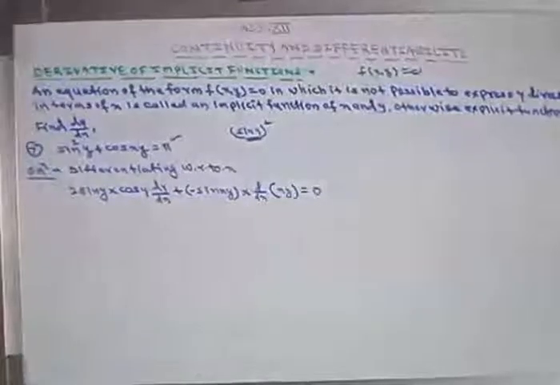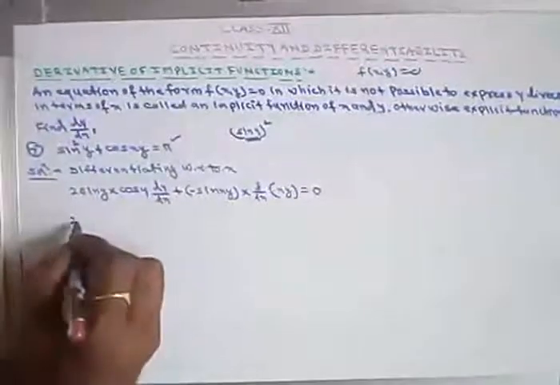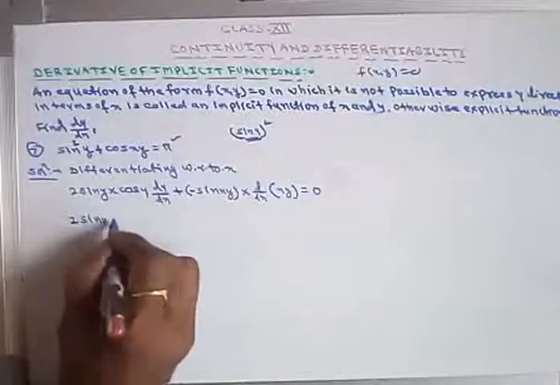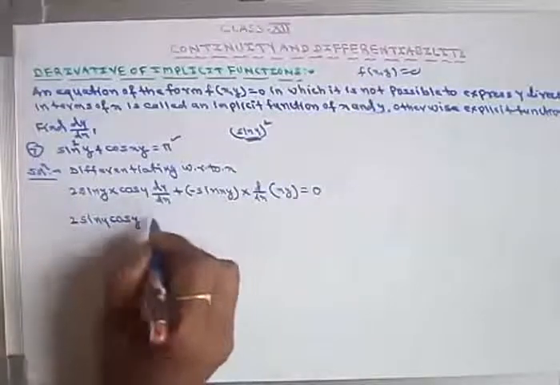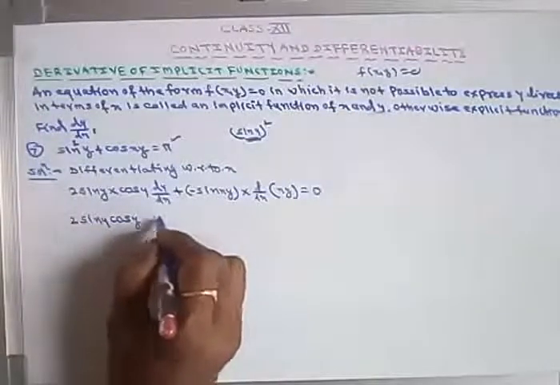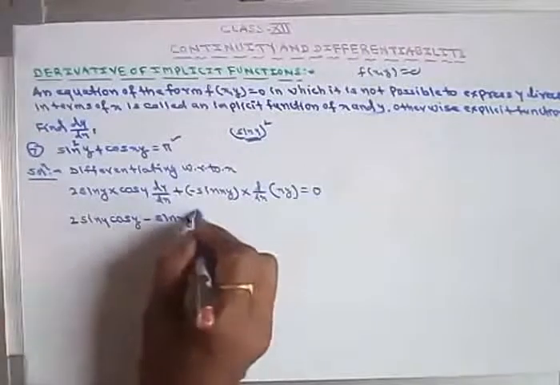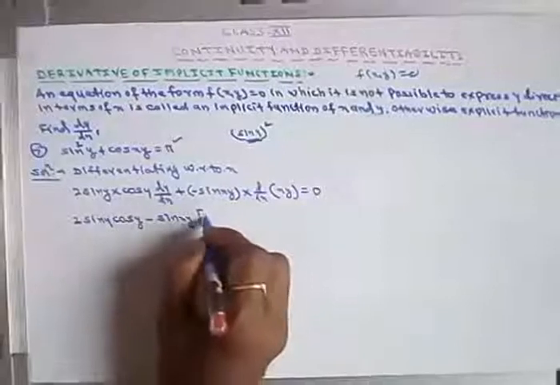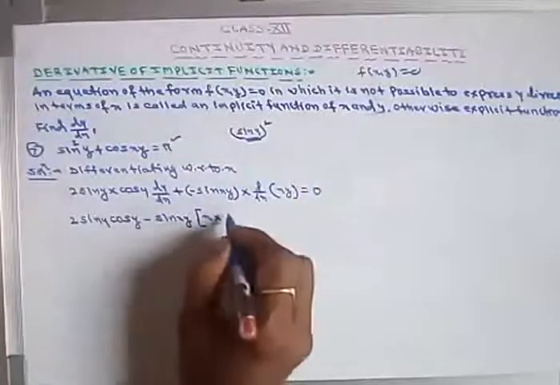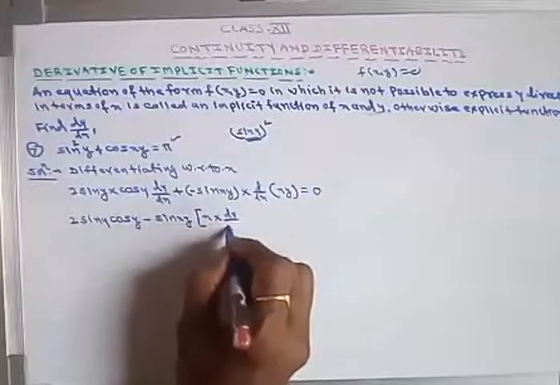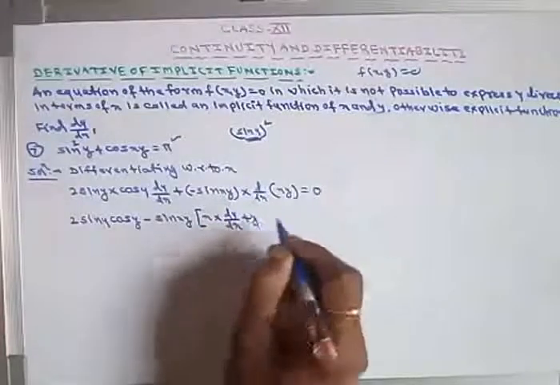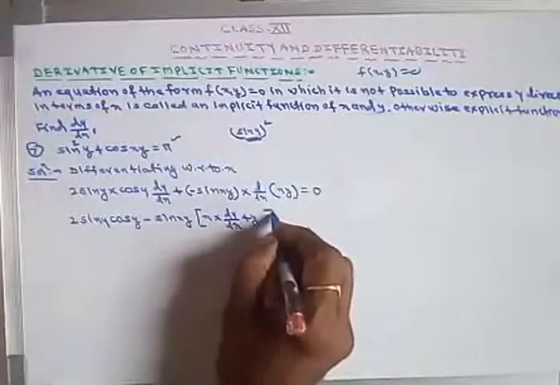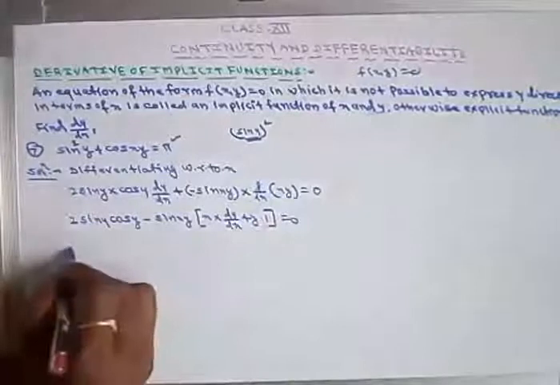Derivative of pi is 0, so twice sin y cos y minus sin xy, derivative of x into y, first function x into derivative of y is 1, and since it is the term of y, dy by dx plus second term y into derivative of x is 1, equal to 0.